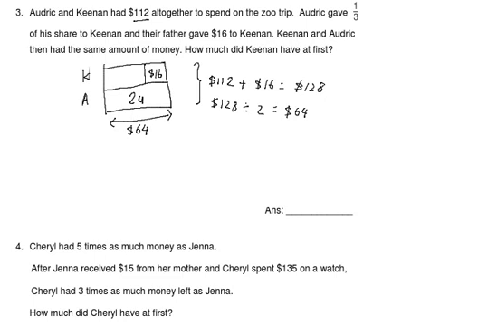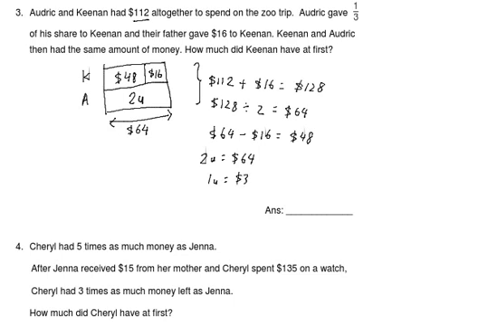Okay, so we do it step by step. First, we actually remove the $16 from Keenan, which is $64 minus $16, which gives you $48. Okay? So this is $48. Now, I know that 2 units is equal to $64. 1 unit equals $32.